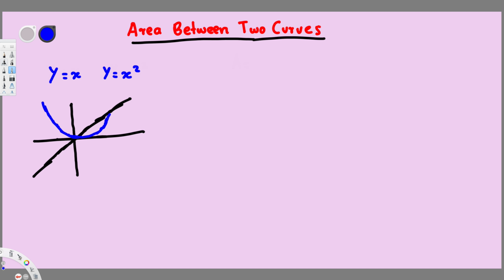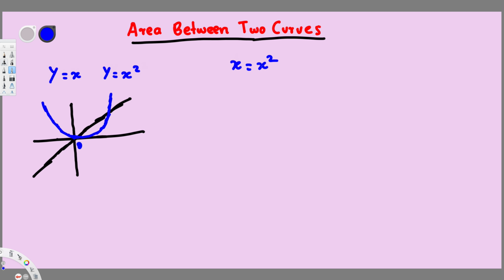Now we have to know the region that's touching, because that's going to be the limits of integration. First one, we know this is 0, but we have to know this one. To find that one out, what we do is we equate these two equations. So first we have y is equal to x, so x is equal to x squared. If we solve this one, we can find the touching regions.